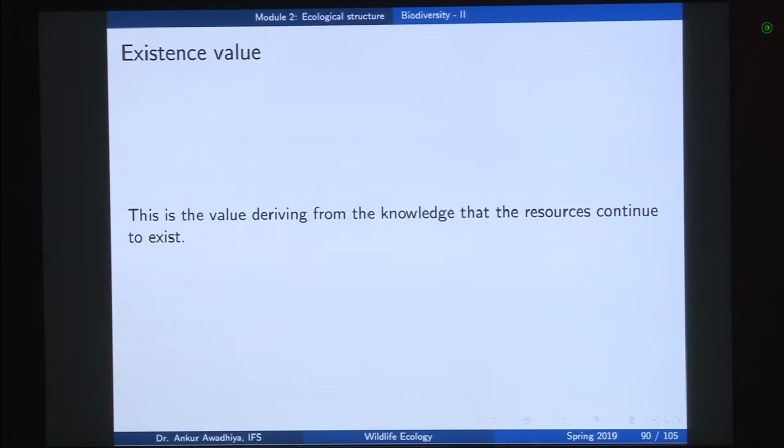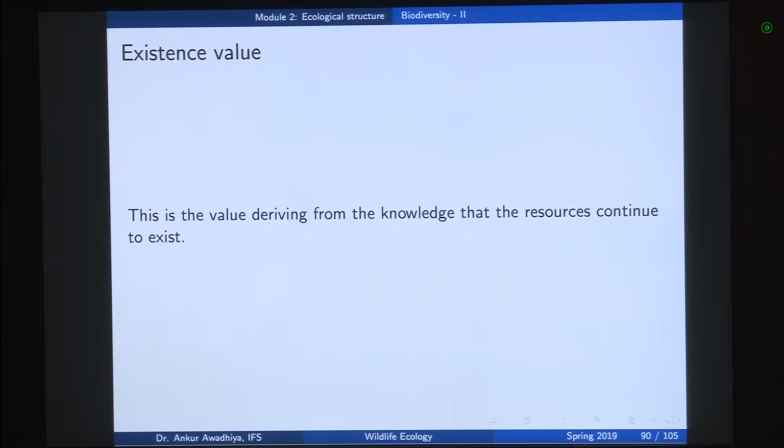And if somebody kills say a rhinoceros or a lion that is found in Africa, we feel sad because we feel that it would have been much better if this lion continued to survive. Now, existence value is the value that we are deriving from the knowledge that this lion is continuing to exist. So, we are not going to Africa to see this lion, but just because this lion is there, we feel happy, and if this lion dies off, we feel sad.